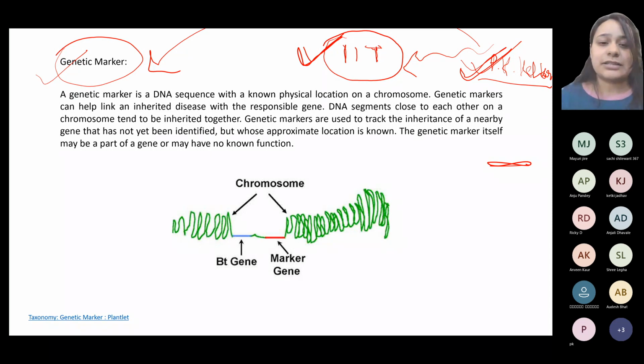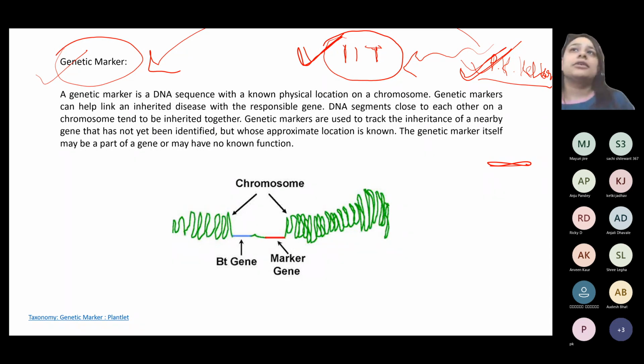So, what are the characteristics of this landmark? That these landmarks should be very well studied or understood, right? In order for them to act as a landmark, they should be very well understood. For example, if you are located in a residential colony, it is difficult to navigate, right?